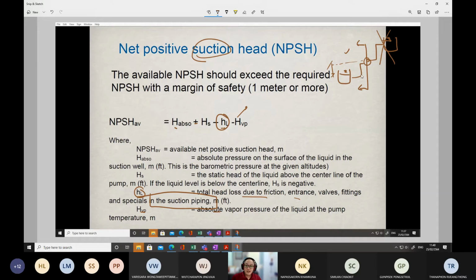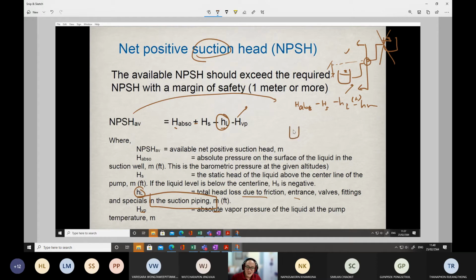So this is how we can determine the absolute pressure. According to this arrangement, which is figure A, you calculate the NPSH available by taking the absolute pressure minus the suction head, minus the loss, minus the vapor pressure, for the A arrangement or installation like this.